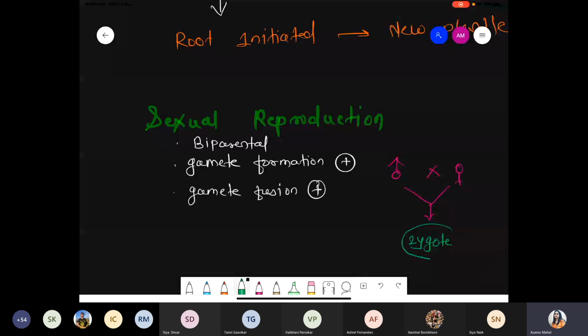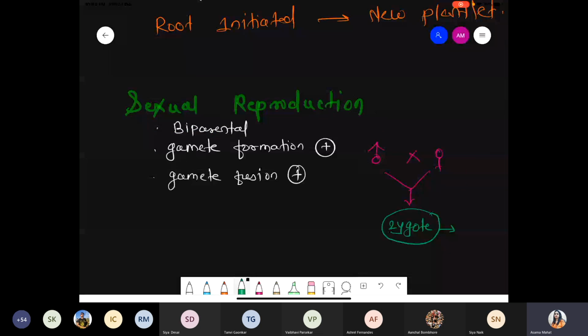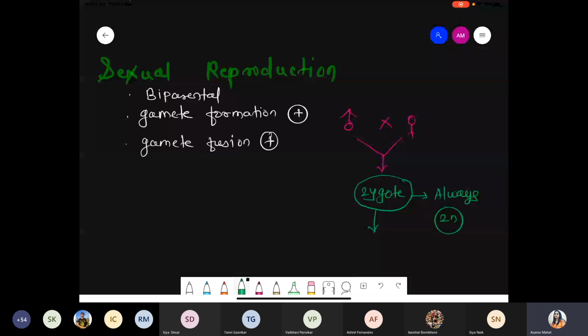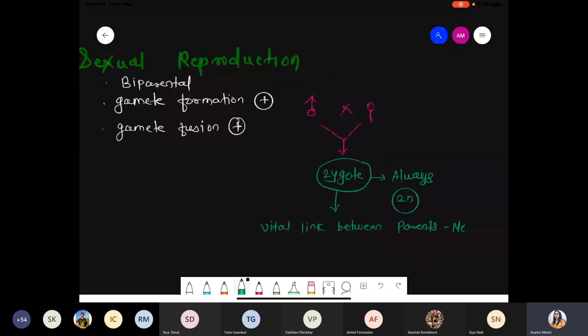And zygote is always and always diploid in nature. And you know very well, zygote is the vital link, important link between parents and new offspring.